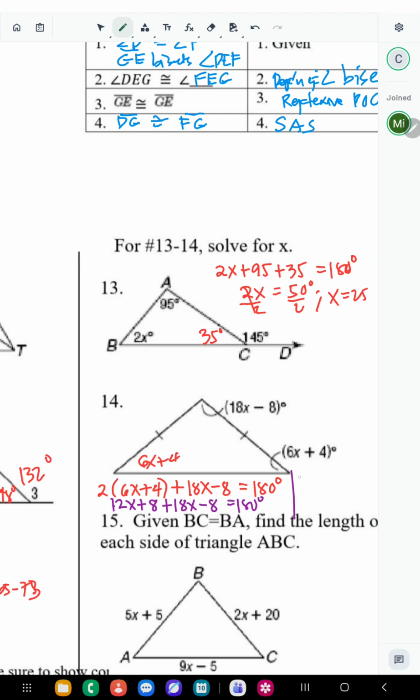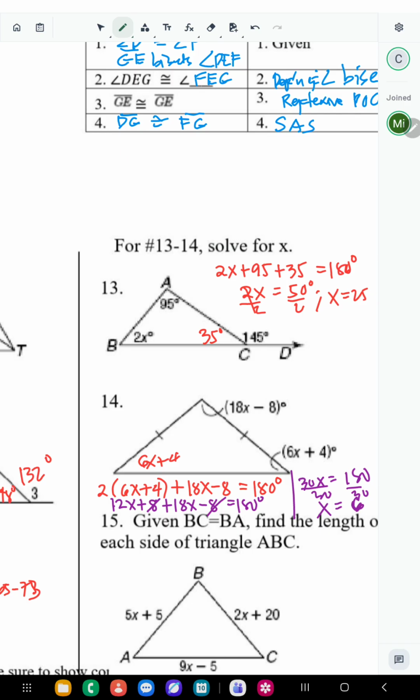Then this is 12x plus 18x, that is 30x. Then 180, this cancels out. 8 minus 8 is 0. Then 180 divided by 30. So x is 6. Okay, let me check if we did it correctly.